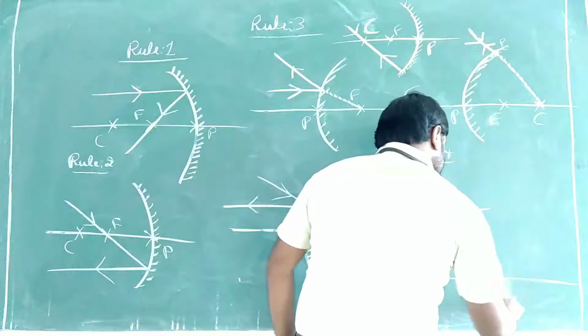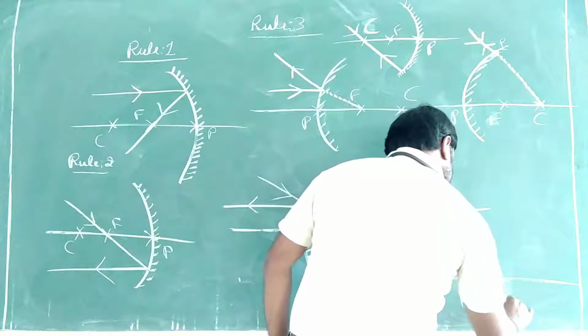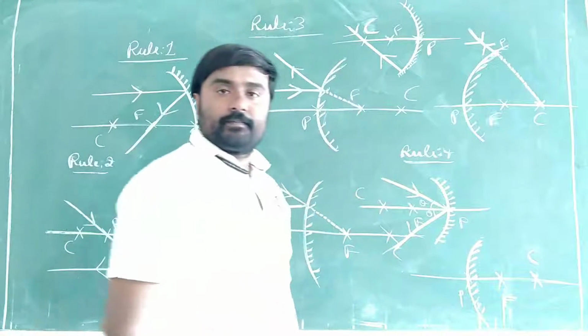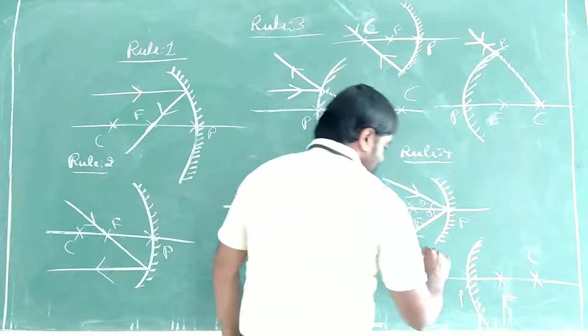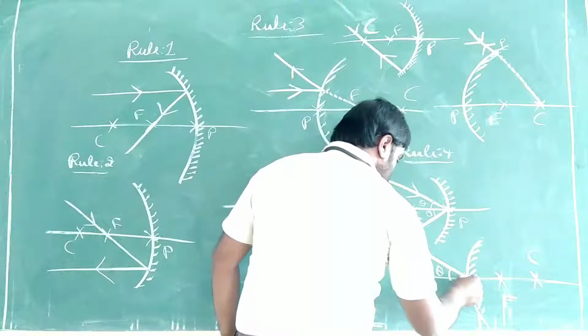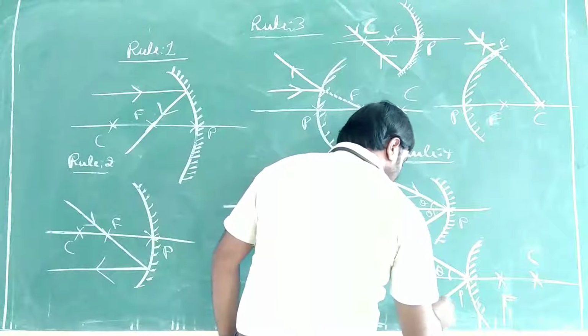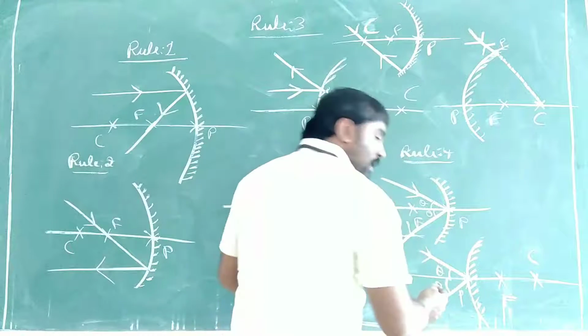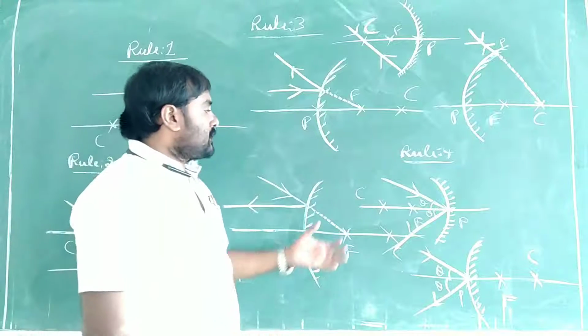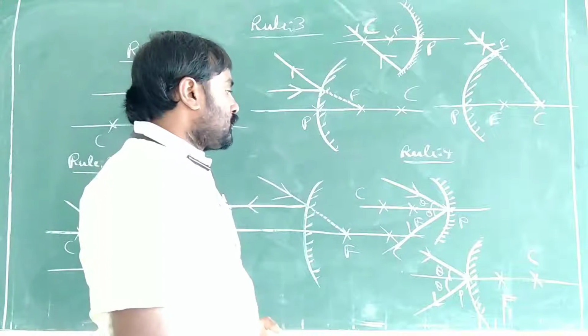This one is the pole, this is focus, this is the center of curvature. The ray of light is incident obliquely at the pole, and the ray bounces back obliquely. Okay, so this is the last rule.